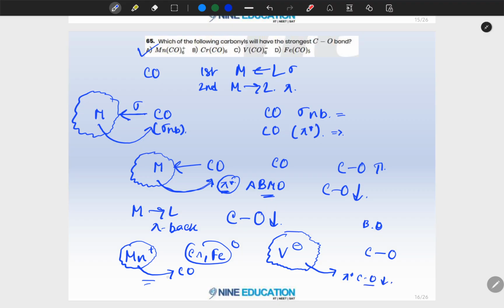But in case of manganese, since its electron cloud is much less, the pi donation from manganese to CO is not that favorable. So acceptance of electrons in the pi star orbital of CO is not that favorable, and the probability of decrease in the CO bond order will be minimized. That's why CO will have the strongest bond in the first complex. So A is the correct answer.